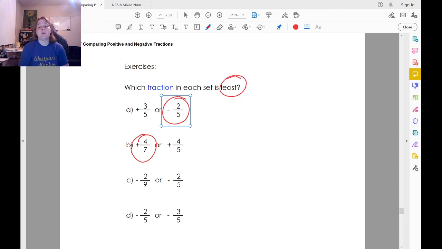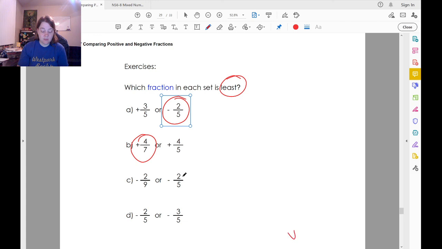Would I rather give away 2/9 or 2/5? This one can get tricky because it's negative and the least. Let's think about this first. Would I rather have 2 slices of a 9-slice pizza or 2 slices of a 5-slice pizza?